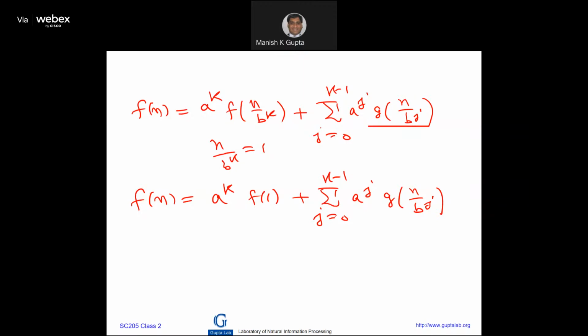Now, one can prove from this expression that f of n is big O of what value? So I think I can just mention the result. It is this theorem.